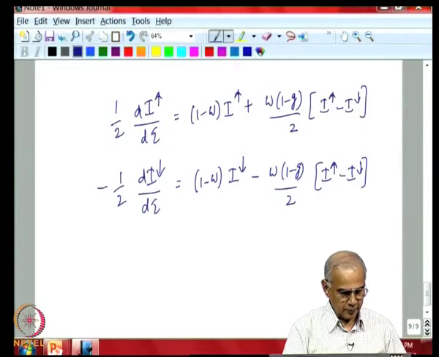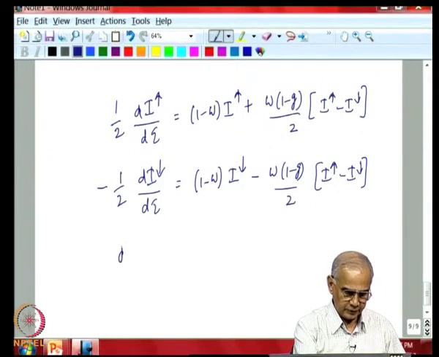We can make this problem a little more interesting, and we can combine these two equations, and with a slight manipulation we will get this equation.